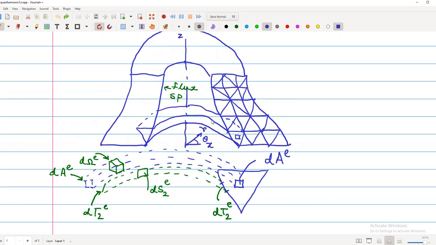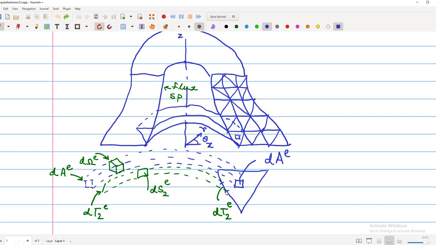If you assume that this inner surface is a Cauchy boundary, and this is an infinitesimal portion of the edge, then if you rotate this edge you get an infinitesimal surface element ds2e.